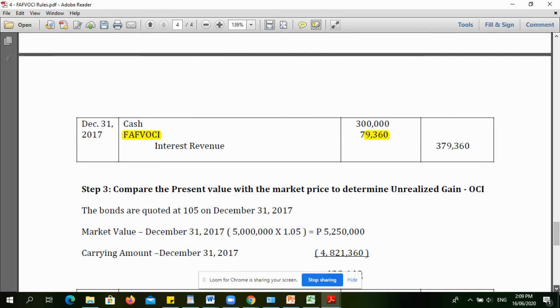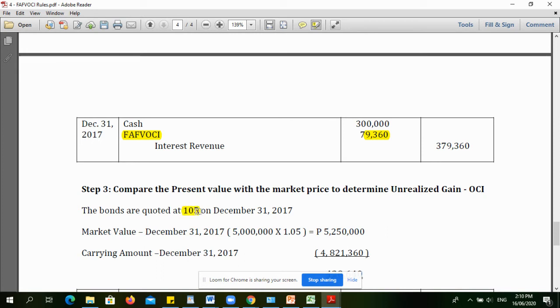But with FAFVOCI, we do not stop there. We also compare the present value with the market price to determine the unrealized gain in OCI. The market value on December 31 is 5 million times 1.05, because when it says 105, it means 1.05.